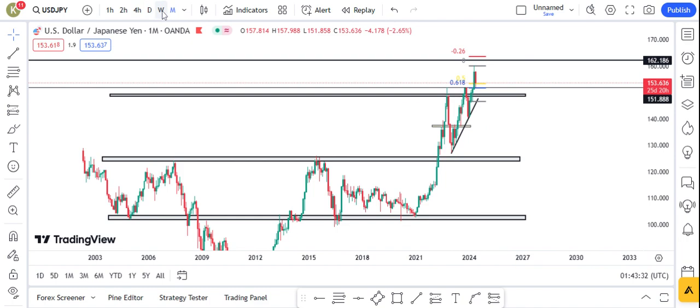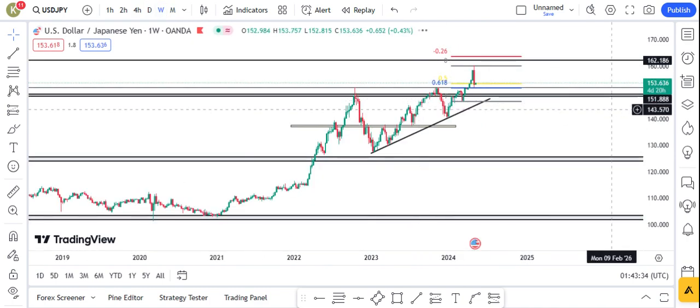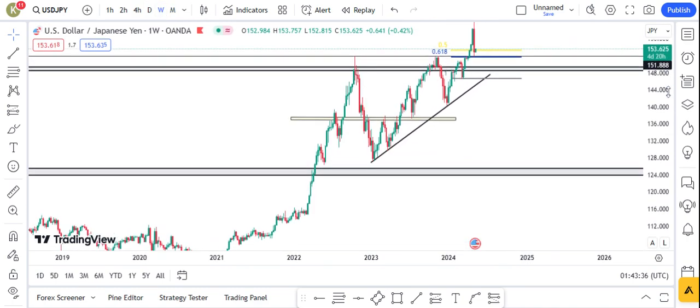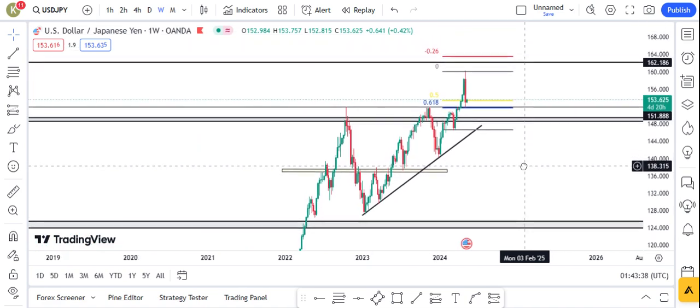So let's go over to the weekly time frame. So this is it. There is something called a Fibonacci inside the Fibonacci level. That's what just happened now.